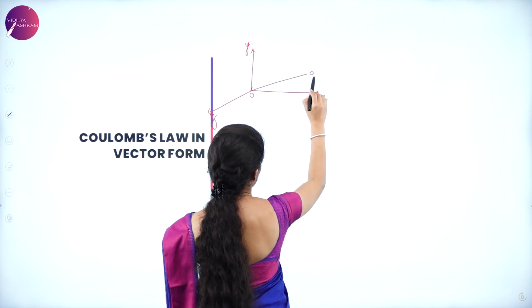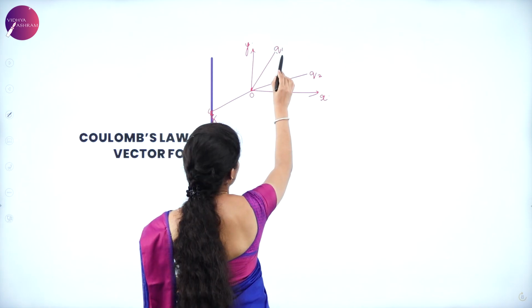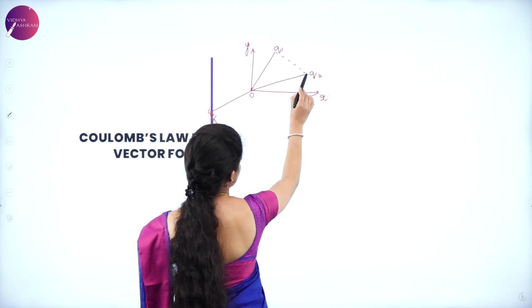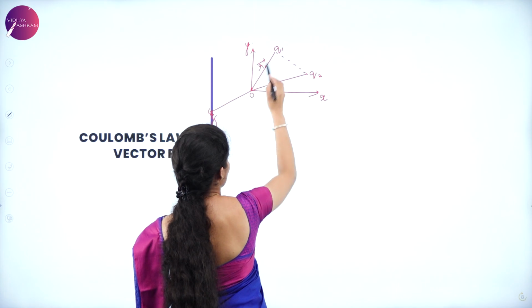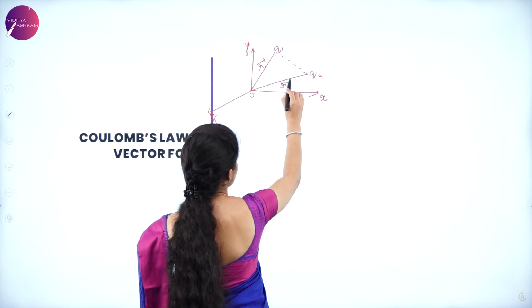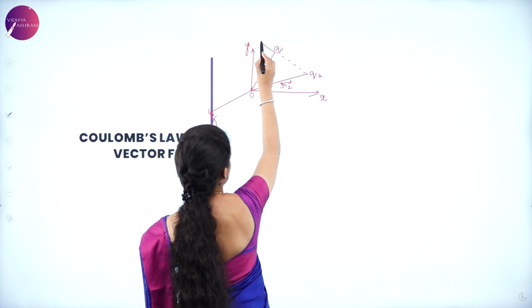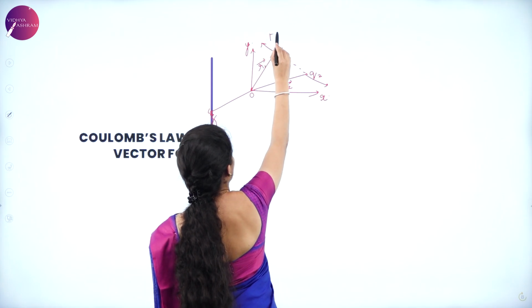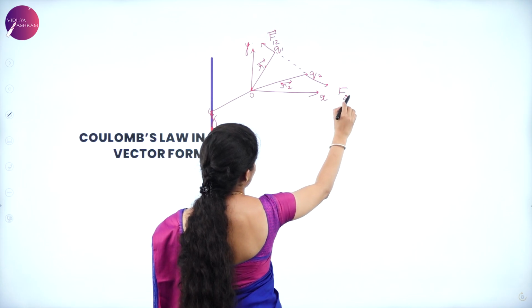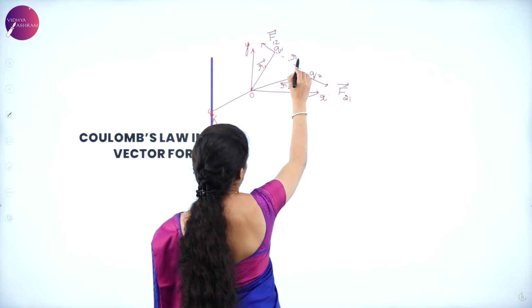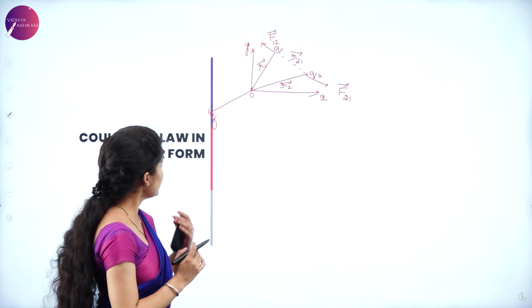Here we have one point charge Q2 and here the other point charge Q1, separated by a certain distance. R1 is the position vector from origin to Q1 and R2 is the position vector from origin to Q2, and we have the F12 vector, F21 vector, and R21 vector. So this is all about Coulomb's law in vector form.